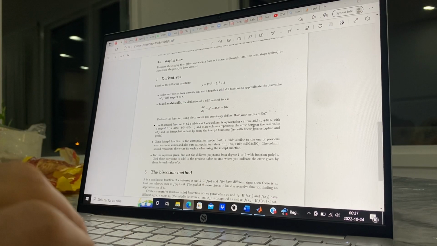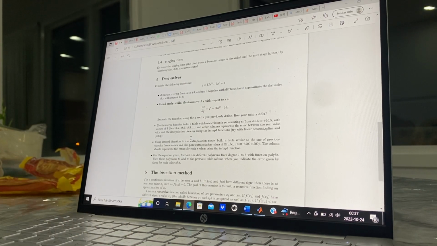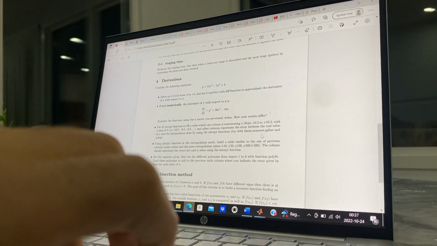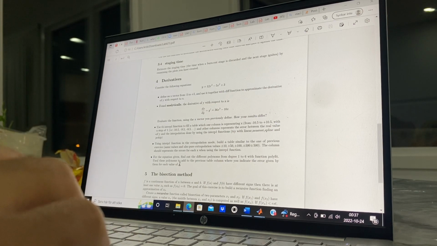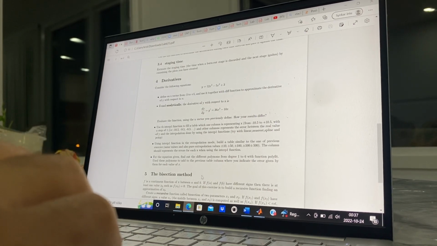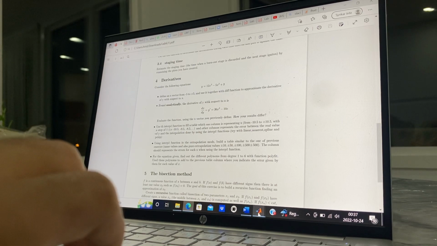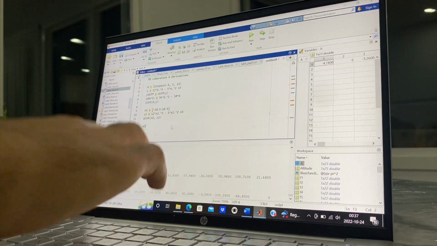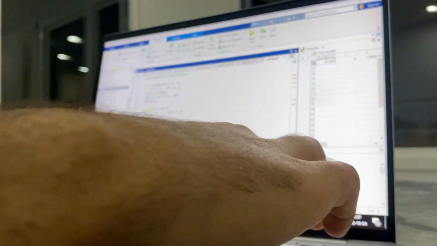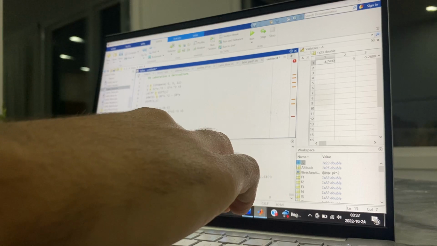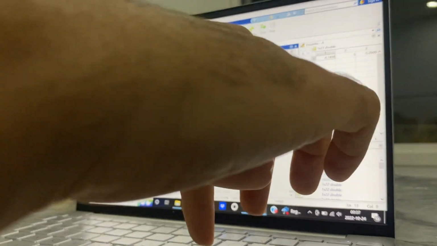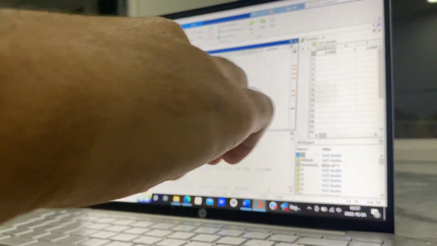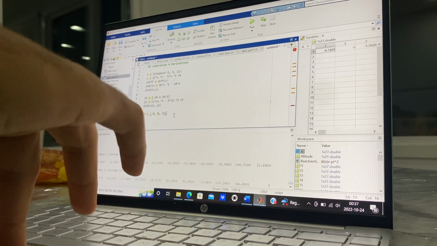So the other column represents the error between the real value of y and the interpolation done by using interp1 functions, tried with linear, spline and pchip. So I'm going to create another x here, x3, I'll call it, with the values from minus 8 to 8, and I will have 22 numbers.